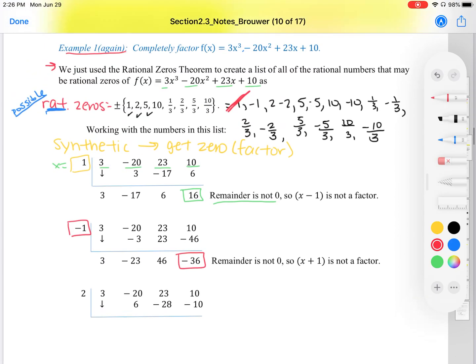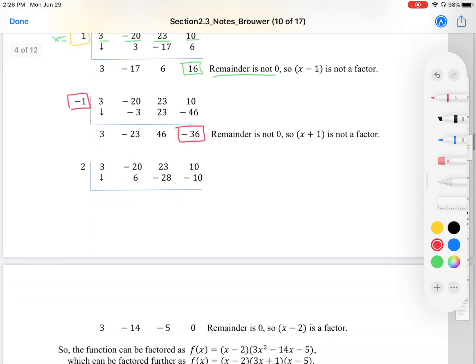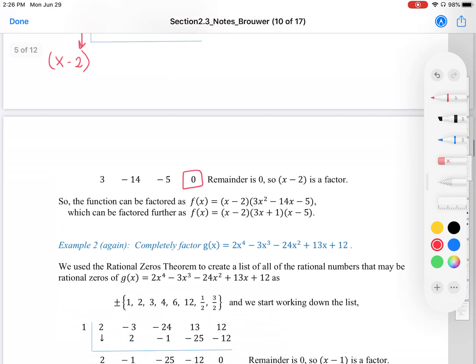So therefore, x plus 1 is not a factor. Next on my list is 2. We try 2, and with synthetic division, we see that our last number is 0. So because we have 2, we now have factored our polynomial by 1 degree, x minus 2, and my answer is also part of my new factored form.